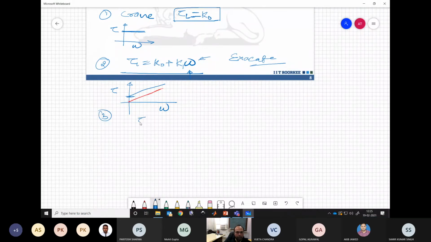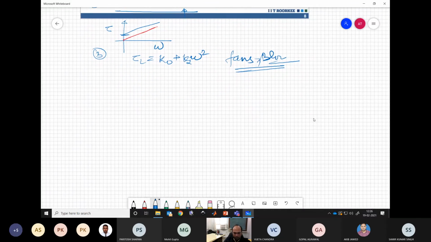The third type could be where we have a quadratic relation with our angular speed. All the fans, blowers, these kinds of applications, basically employ this kind of load characteristic.